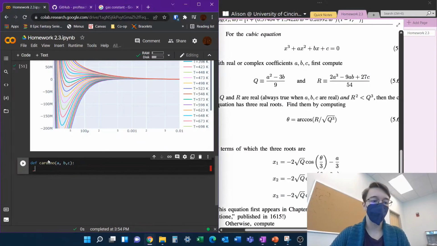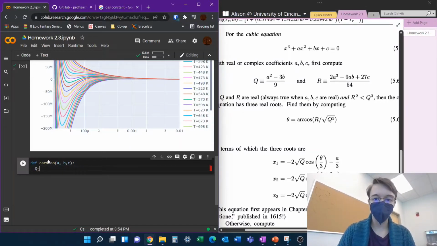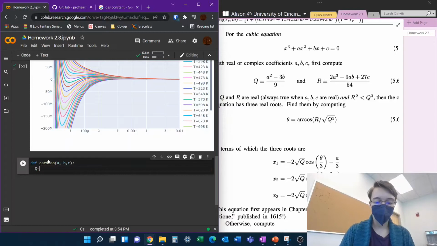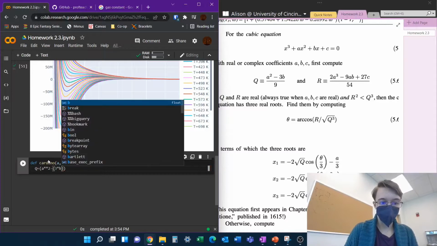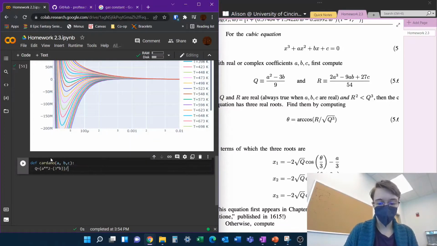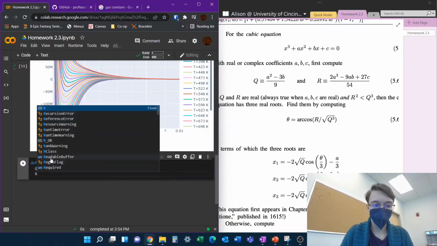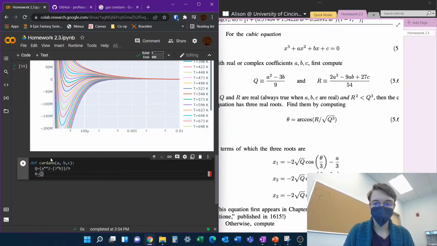Let's put in Q and R. Q is going to be equal to parentheses A squared minus 3 times B, over 9.